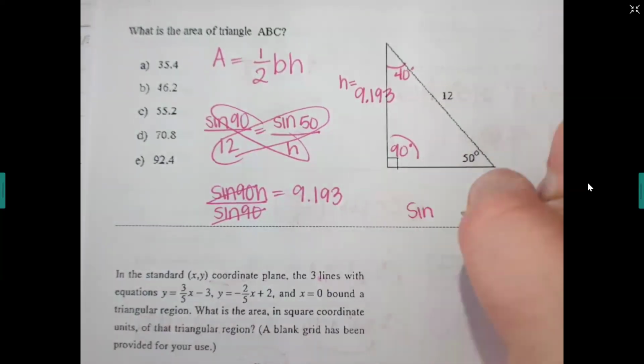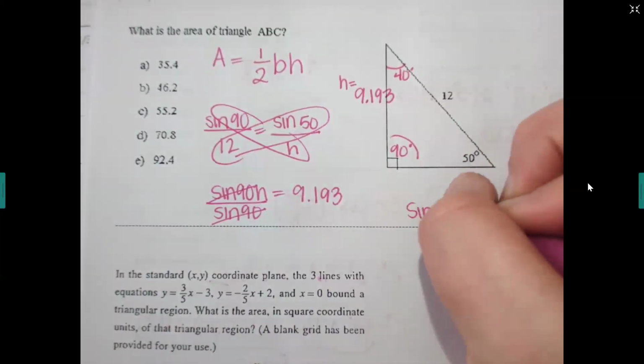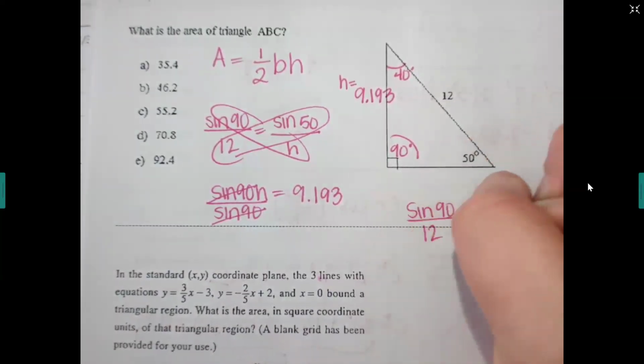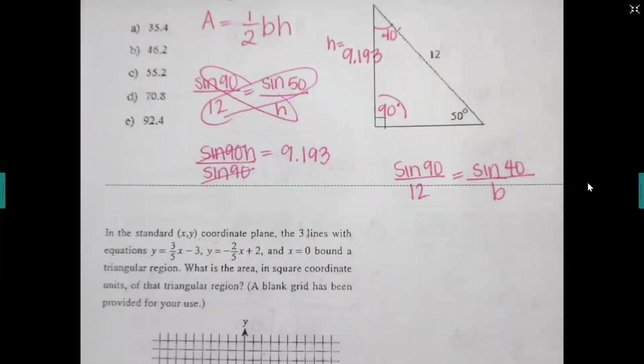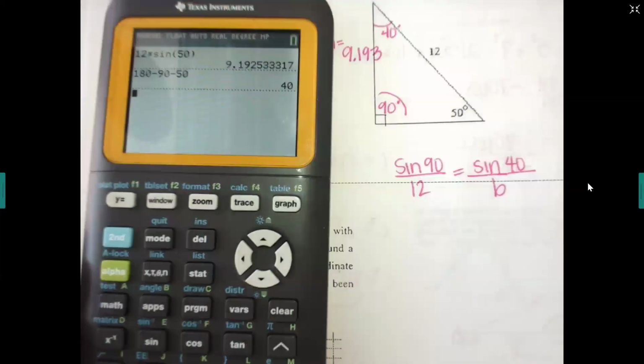It'd be sine 90 over 12 equals sine 40 over the base. And then remember that when you times these out, the sine 90 doesn't even matter. It doesn't change anything. So basically, when you times these two numbers together, you'll know how long the base is, and then you can find the area from there. So we're going to do 12 times sine 40.